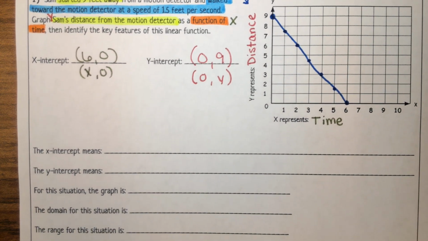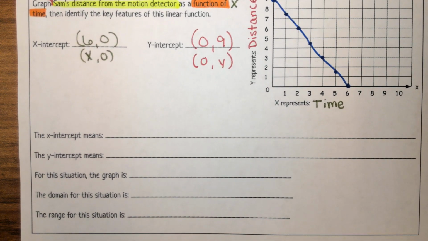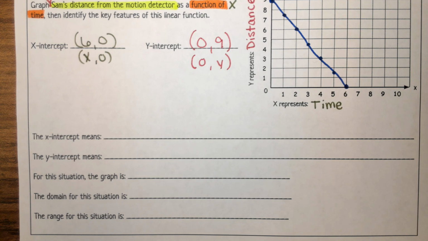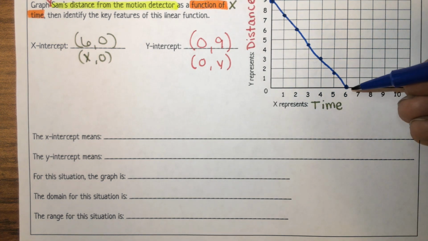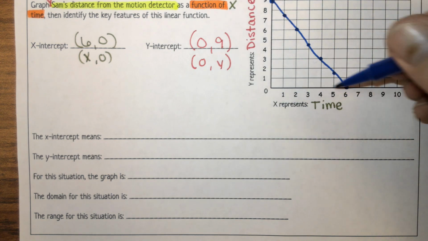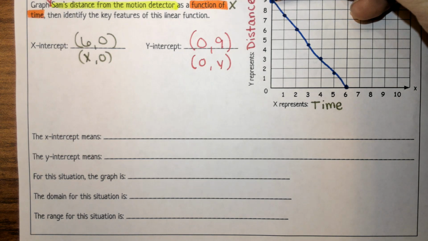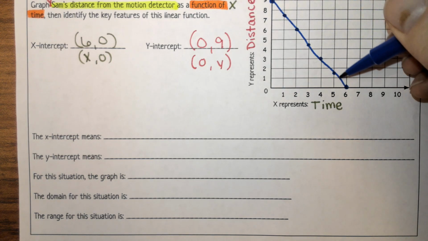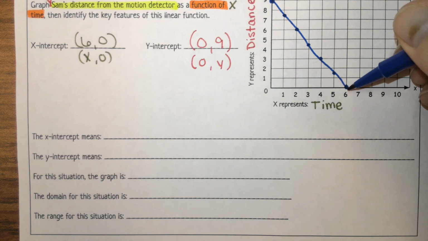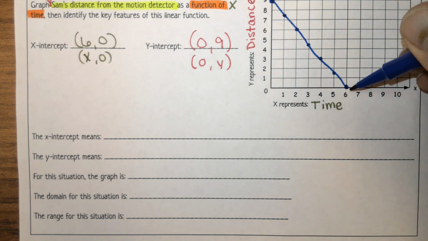All right, so we have our graph, our x-intercept, our y-intercept. Now we can answer the questions at the bottom. Okay, so the x-intercept means, well, let's look at the graph. My x-intercept we know is 6, 0. So if this is seconds and this is distance, if I'm starting 9 feet away, I'm walking towards my motion detector. At 6 seconds, I'm now 0 feet away, so I've reached the motion detector.